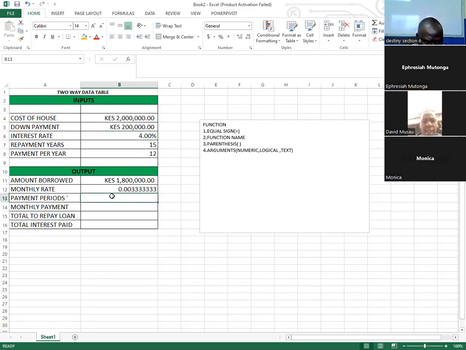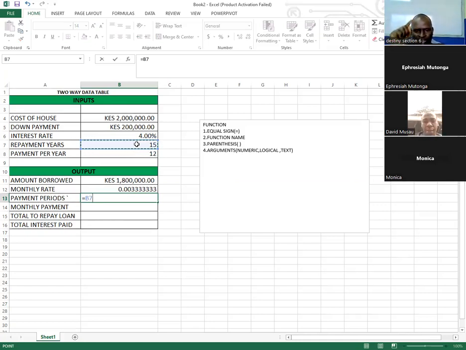And then now the payment periods. It is very simple. If this person will be paying the loan for 15 years, they will be paying 12 times in a year, repaying the loan every month.